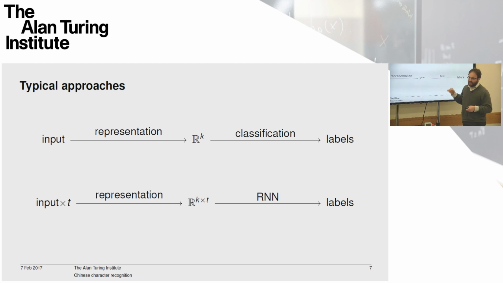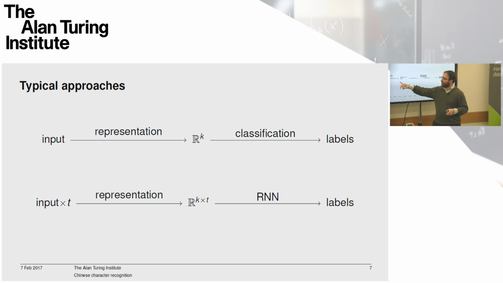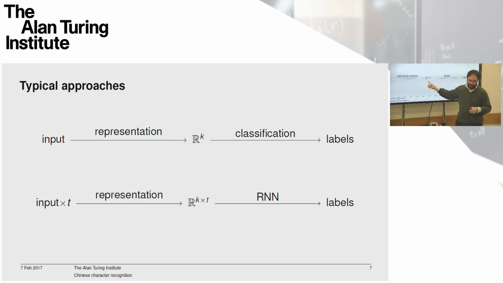In the particular time-oriented case, let's say our data is a sequence of points in time, or a sequence of some data at each time step. A typical machine learning algorithm to use when the data looks like that is a recurrent neural network. And then our representation is going to be some function on each time step input to some R to the k, for some real space.